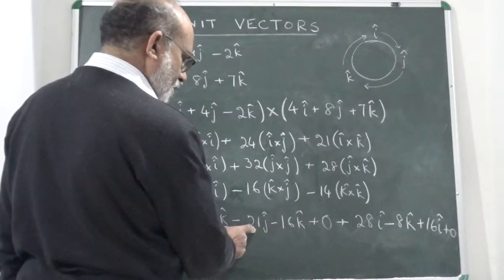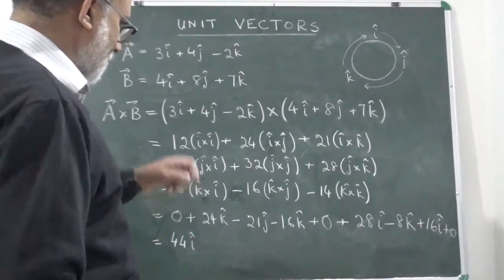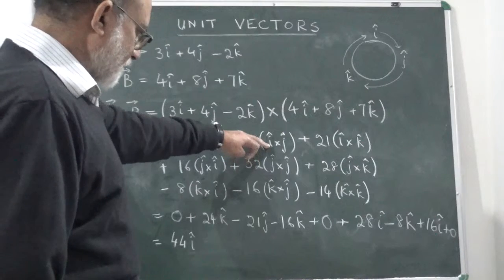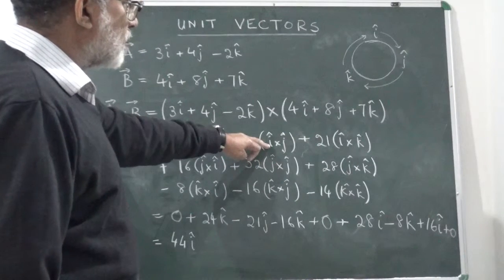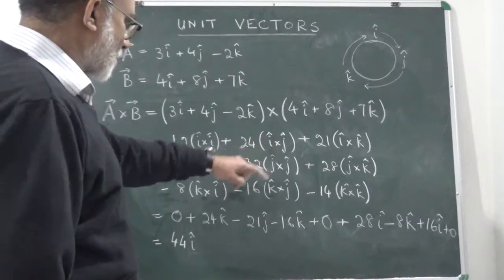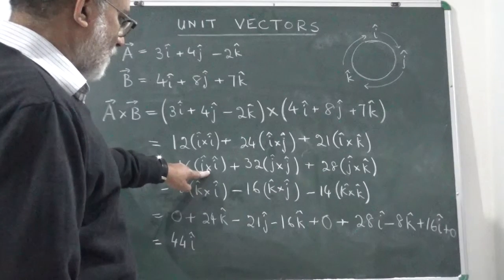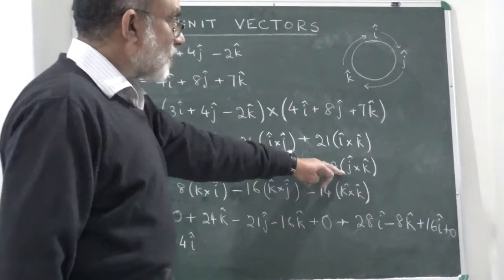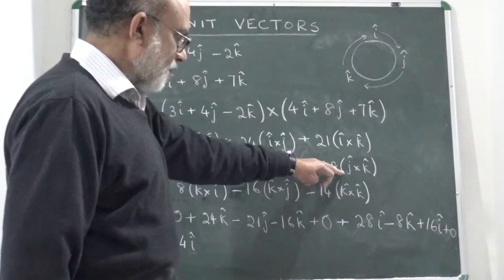Oh, there is a mistake. I cross J is K. I cross K is minus J, okay. J cross I is minus K, and J cross K is I, okay.